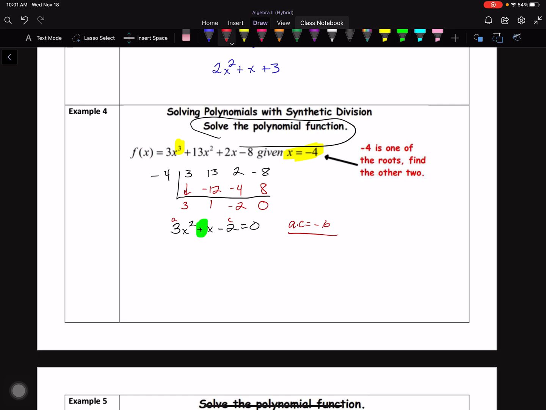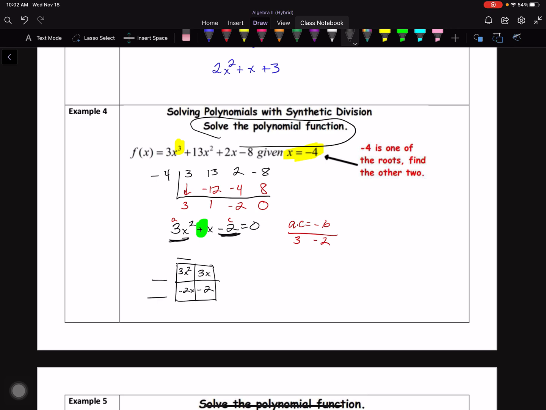And hopefully you're just yelling very loudly at your screen right now that it is 3 and -2. Now because my A value is not 1, I do need the box here. So I'll go ahead and set that up. We'll go 3x squared and -2. So my first and my last term. And then we can go 3x and -2x there.